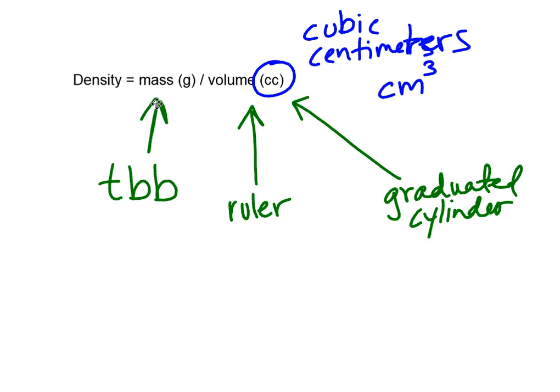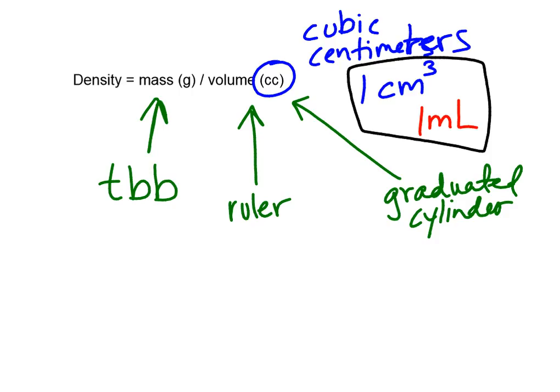And it's also important to note that a cubic centimeter is also equal to 1 milliliter. So 1 cubic centimeter and 1 milliliter are actually the same volume. Okay, why we have different units for them? Cubic centimeters tend to be used for solid objects, and liquid samples tend to have milliliters as their volume. But either way, you can get the volume of your metal sample. If you divide them, you should get the density in grams per cubic centimeter.